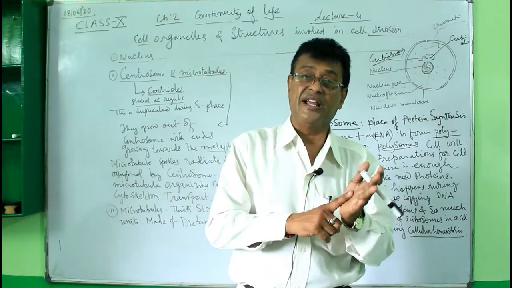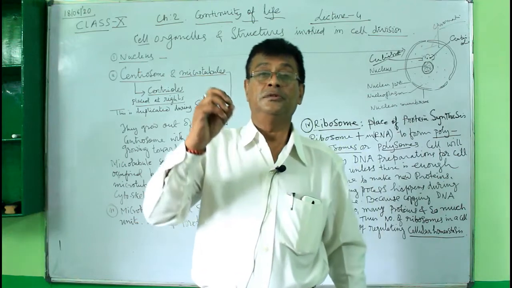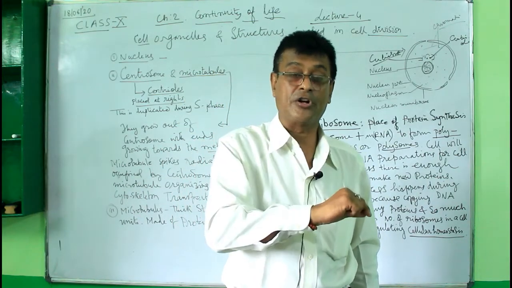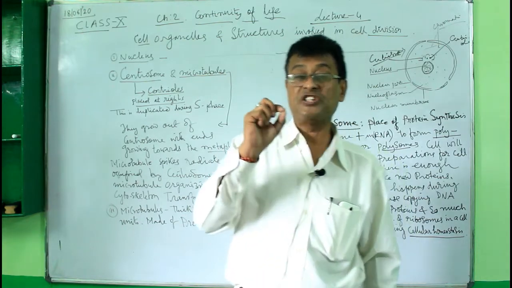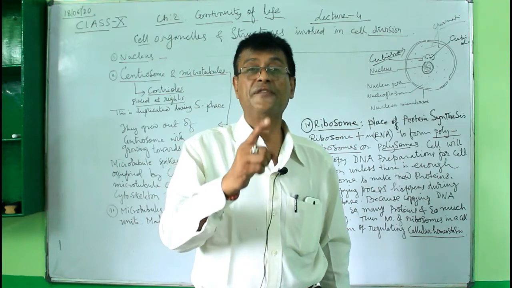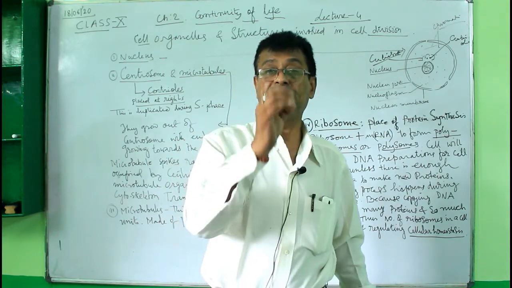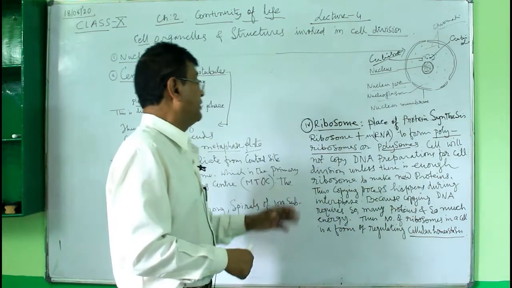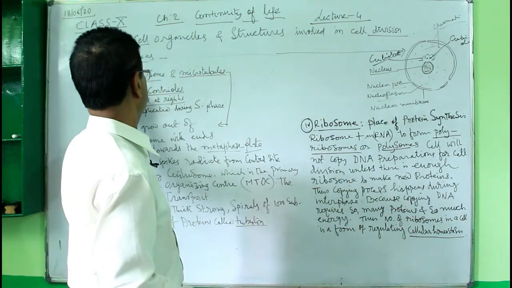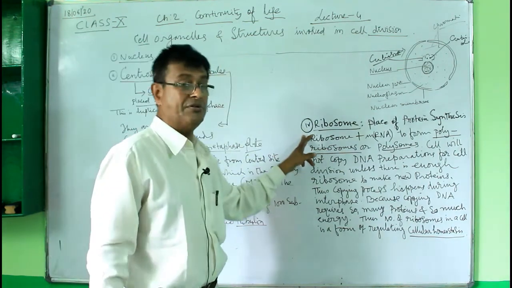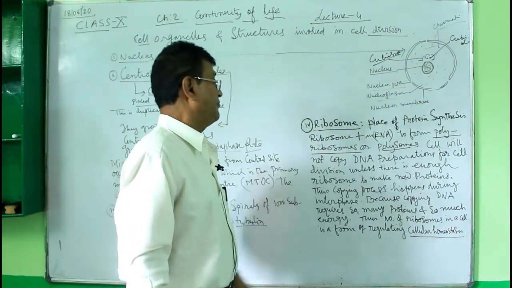Inside the cell, the status of an organelle is exactly like that of an organ. They are specialized miniature organs working for a definite and particular purpose. So they are the organelles, and the centrosome is also an organelle, and then we have the nucleus.